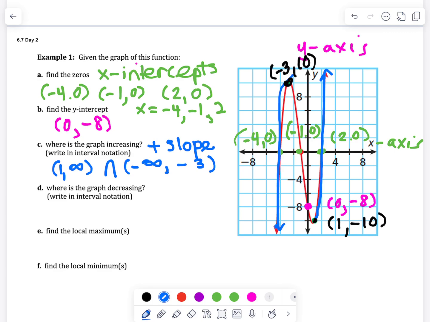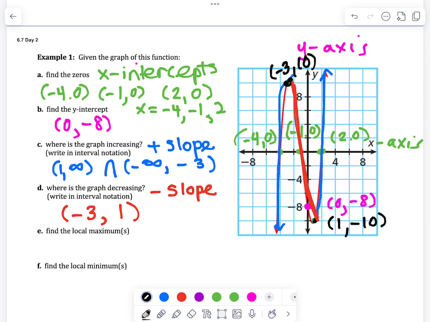Where is it decreasing at? It's decreasing in this red piece right here. So again, on the x-axis, it increases or decreases. So it's going to have a negative slope on the x-axis from -3 to +1.